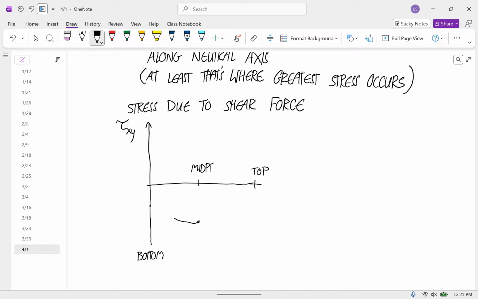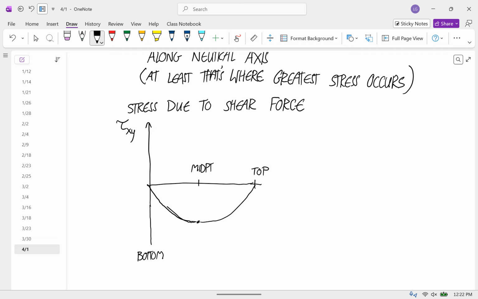It's going to be quadratic. Let me try that one more time. Okay, so it'll look something like that. So your biggest stress due to shear force is at the neutral axis.